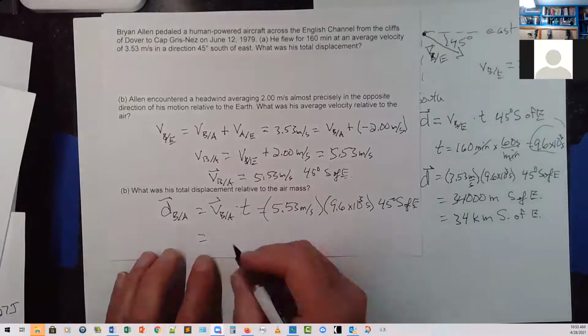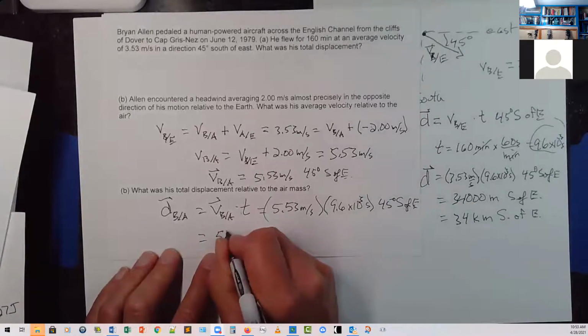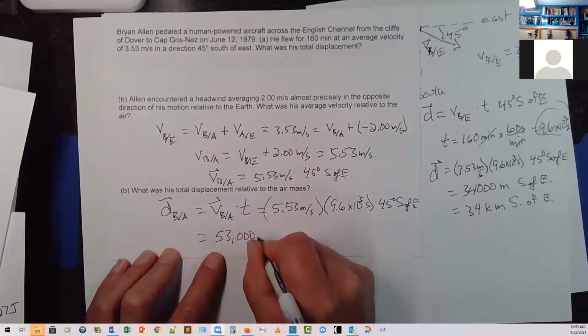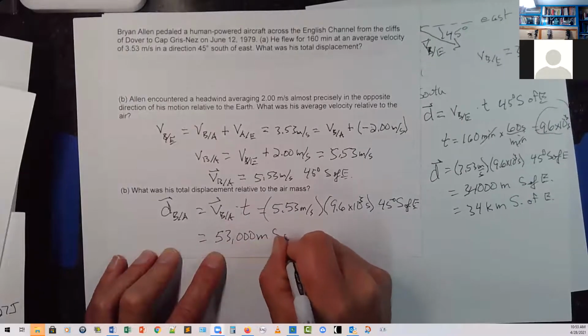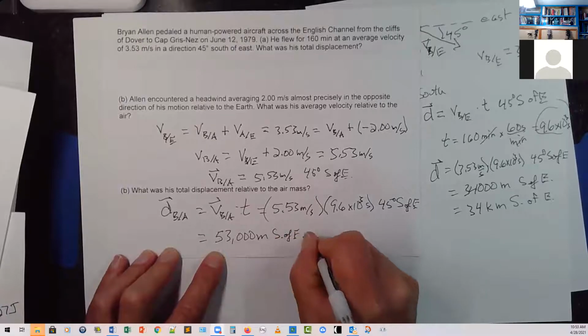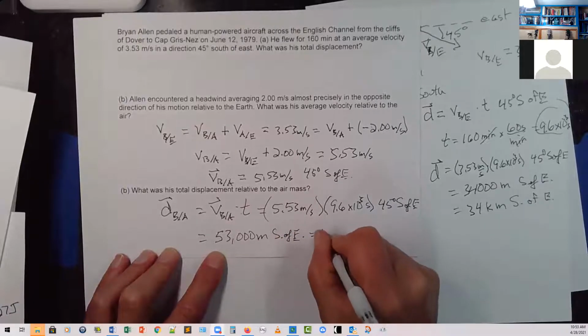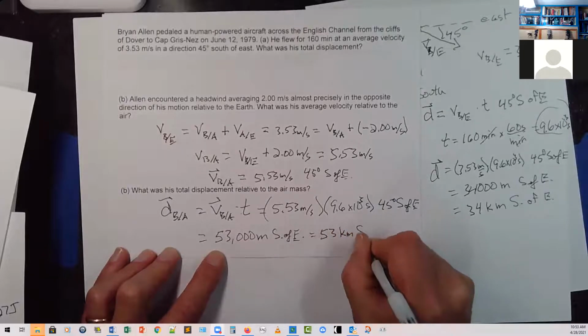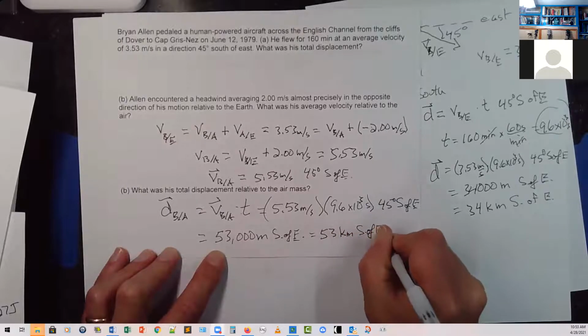I get 53,000 meters south of east, which is 53 kilometers south of east.